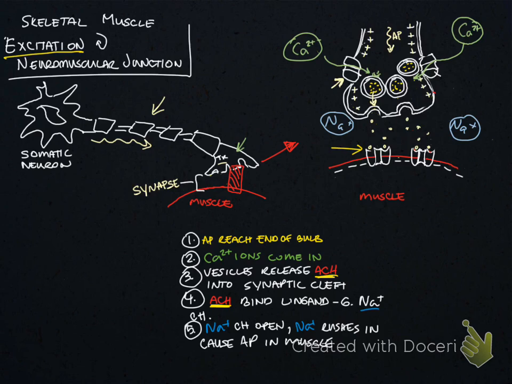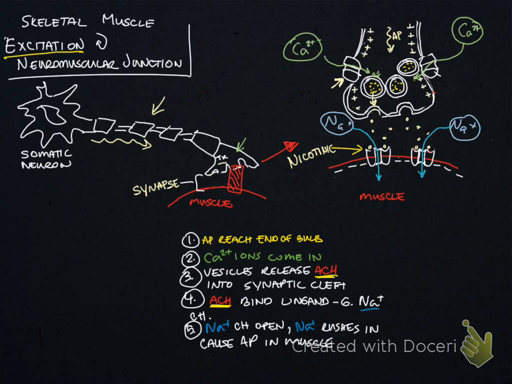Remember, these receptors are called nicotinic receptors, nicotinic acetylcholine receptors. And these nicotinic acetylcholine receptors are basically sodium channels. And by binding this acetylcholine with the nicotinic receptor, it allows sodium then to flow in the muscle at the motor end plate. Okay, that is excitation at the neuromuscular junction.